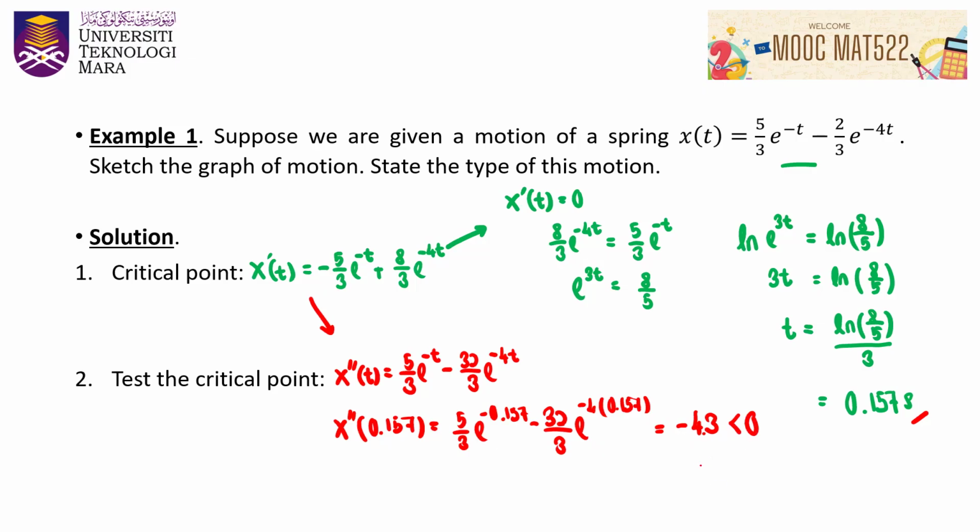And hence, based on the second derivative test, we notice that this critical point is actually a maximum point. So we have found the important information from the critical point and the test of the critical point.